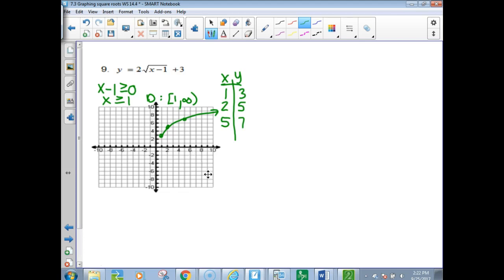Okay. Range from, what's that low point? 3 to infinity. Okay, try 10.